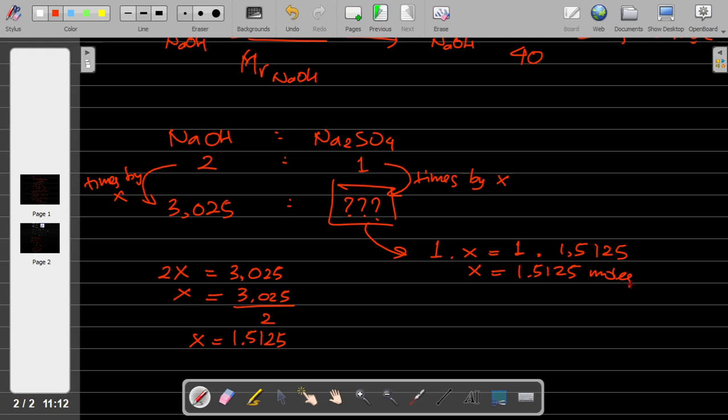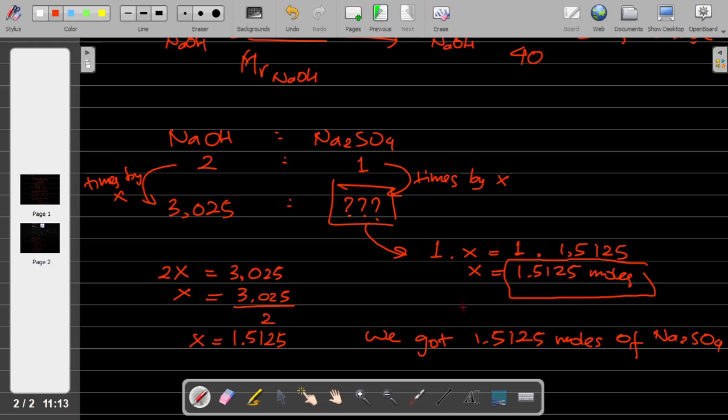This is the answer: we got 1.5125 moles of Na2SO4.